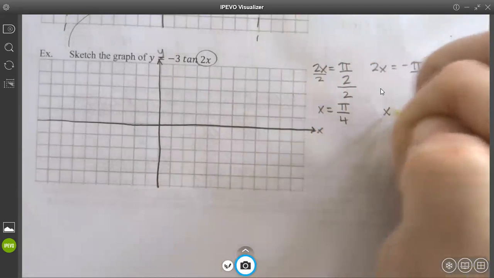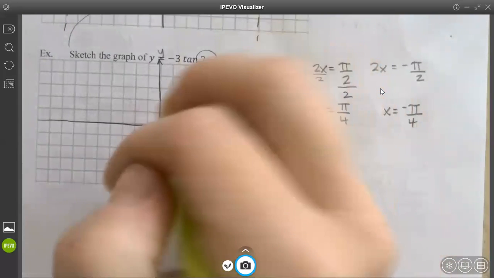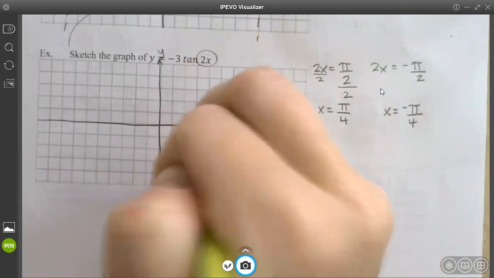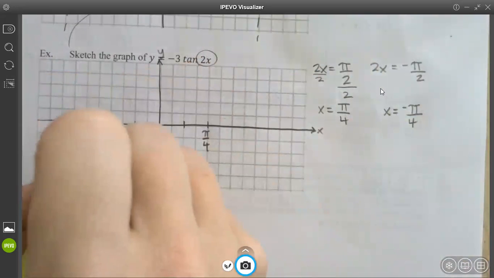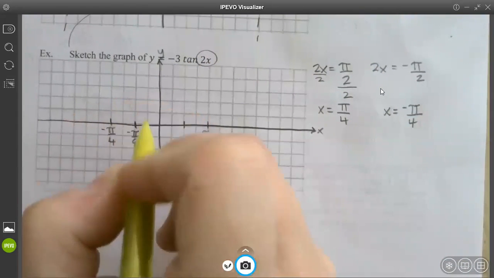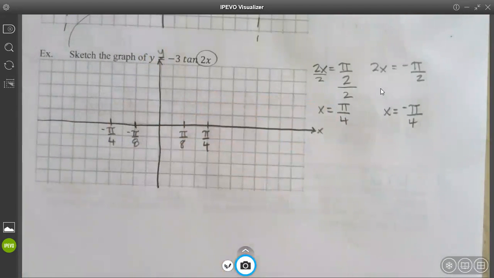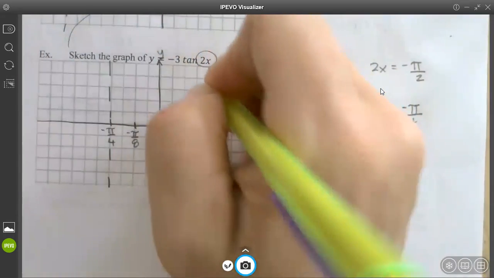The other one would be negative pi over 4. Okay. We're gonna make this one a little bit smaller, just to save some time. So our vertical asymptotes are at negative pi over 4 and pi over 4.